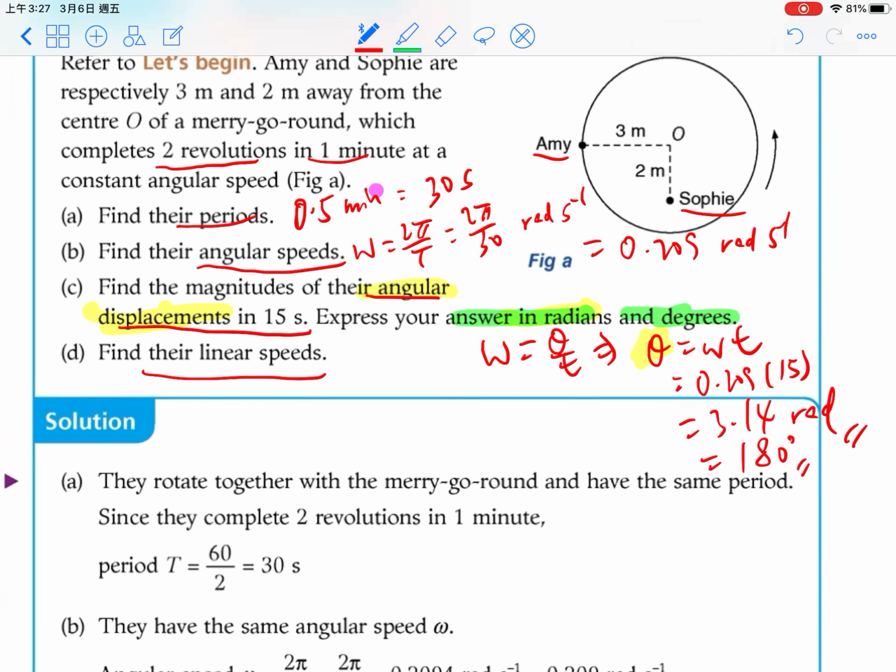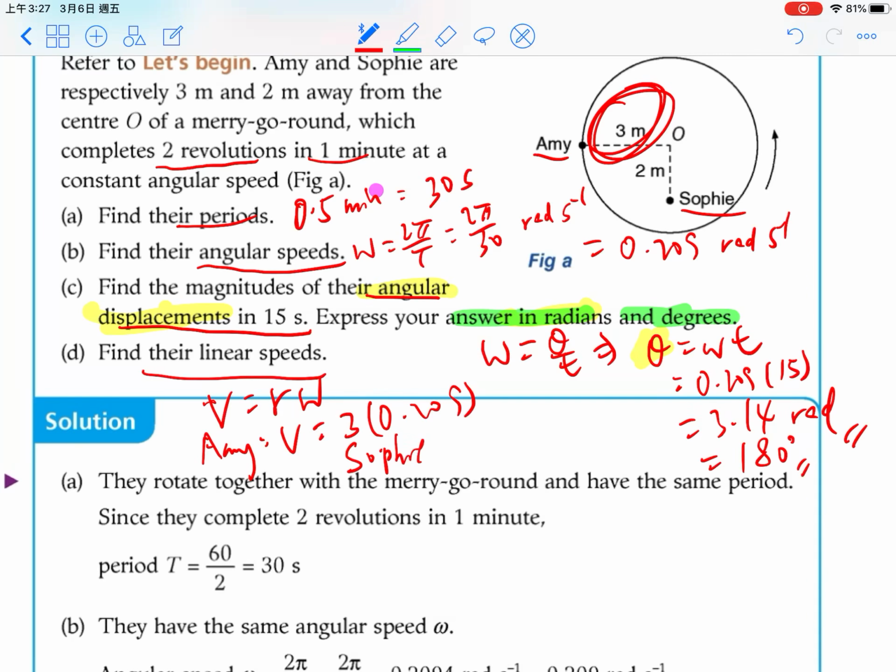Okay, find their linear speed. So you have to memorize the equation you learned. V equal to r omega. So for Amy, V equal to, here you see, 3 times 0.209. Okay, for Sophie, V equal to 2 times 0.209.